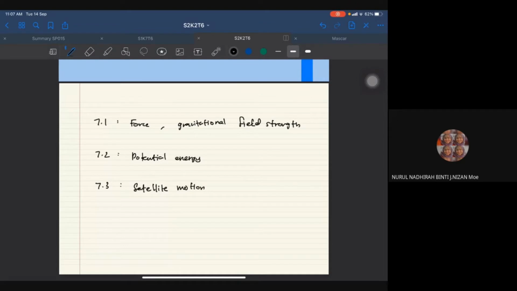Okay, and today we're gonna focus on these two only. These two quantities, force and gravitational field strength, which is subtopic 7.1. So potential energy, maybe we'll learn it tomorrow. It's a little bit different compared to the previous, right?